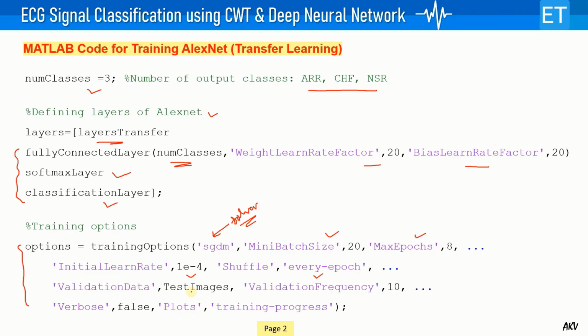And then validation data: here we have to give the name of that variable which carries all 150 test images. And then validation frequency is 10, and then plot training progress. So once it is executed, you will get a plot of epochs versus accuracy. Here you can see the training progress of your program.